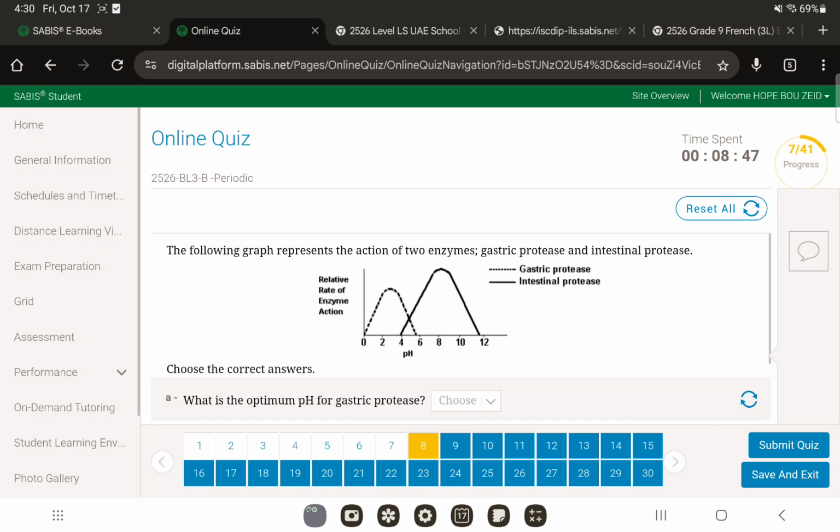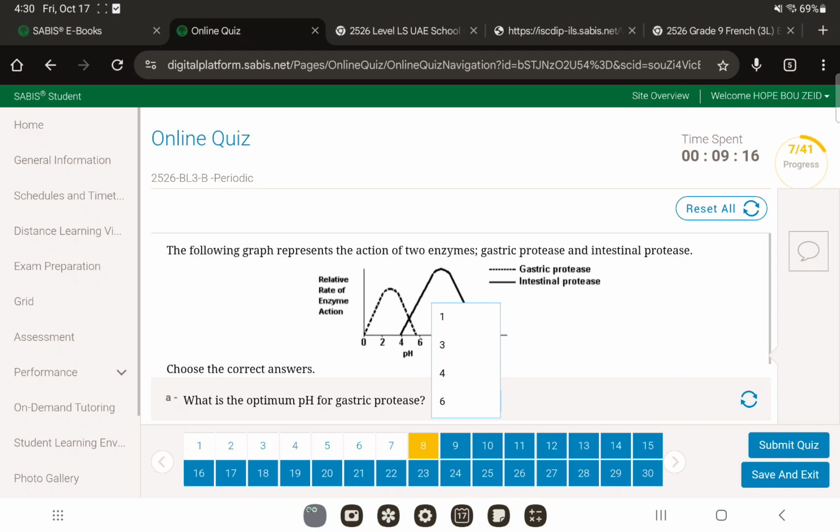So I'm going to try to write this somewhere around here. So the top of the hill, all the way to the very top of the hill. I'm horrible at the drawing part, so I'm just going to give up on that. But the top of the hill-like line is the optimum pH, which is the pH at which the enzyme works the best.